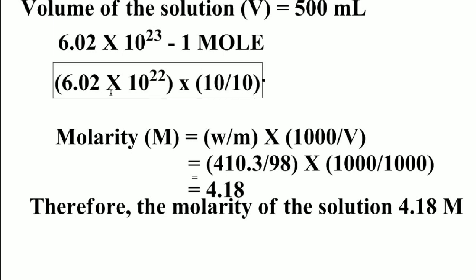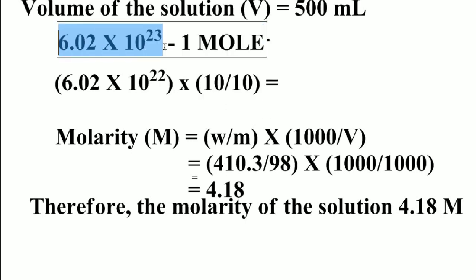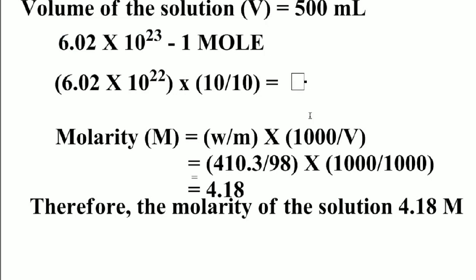So 6.02 into 10 to the power of 22 is multiplied by 10 and divided by 10. We get 6.02 into 10 to the power of 23 by 10. This is the value we get for 6.02 into 10 to the power of 22 molecules.